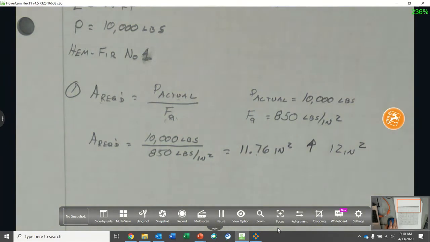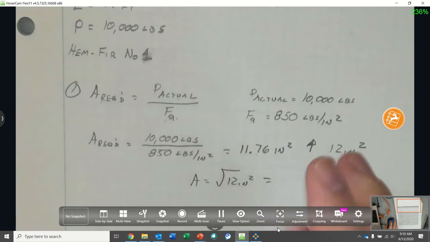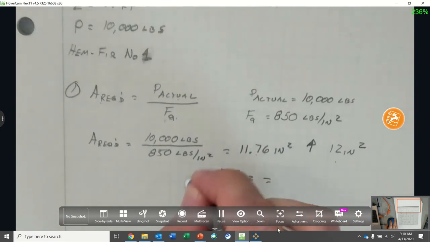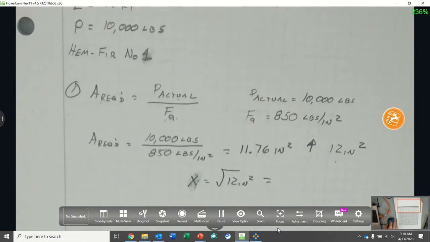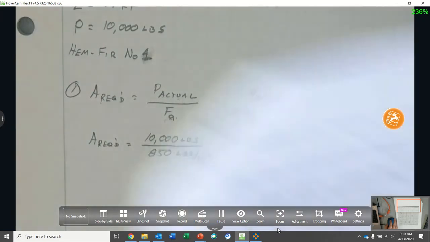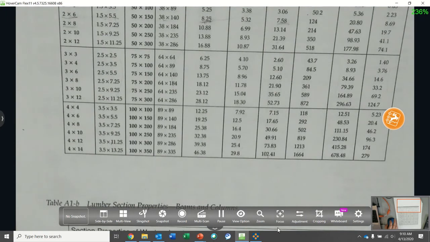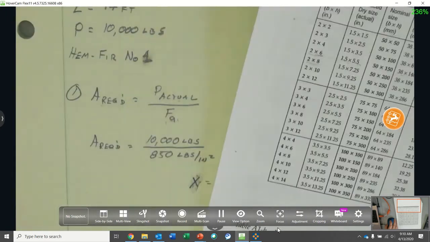So A equals 12 square inches, x equals the square root. You can either go to the table, sorry I keep jumping around here, so it's going to be a 5.5 or a 5.5, but the problem is asking what?